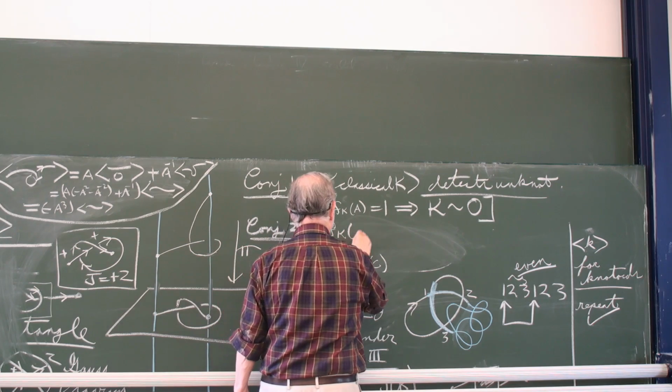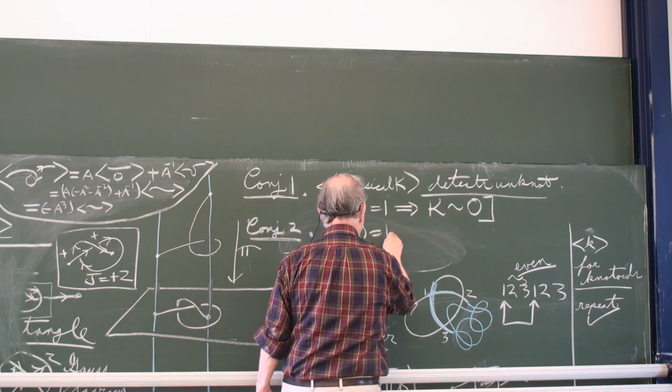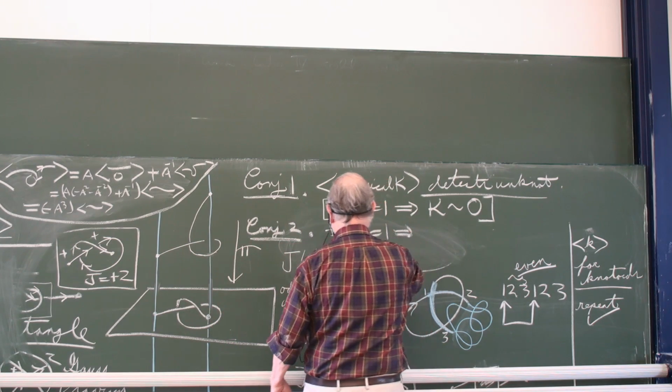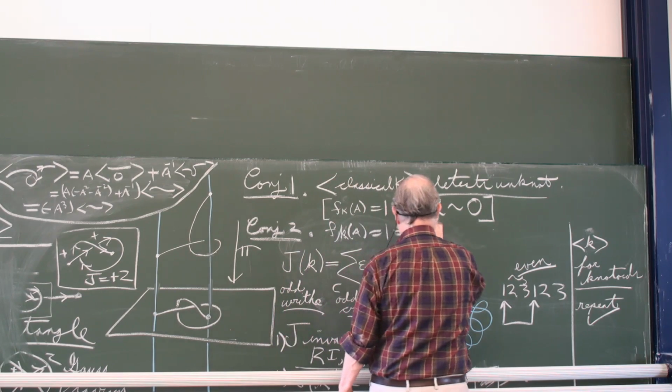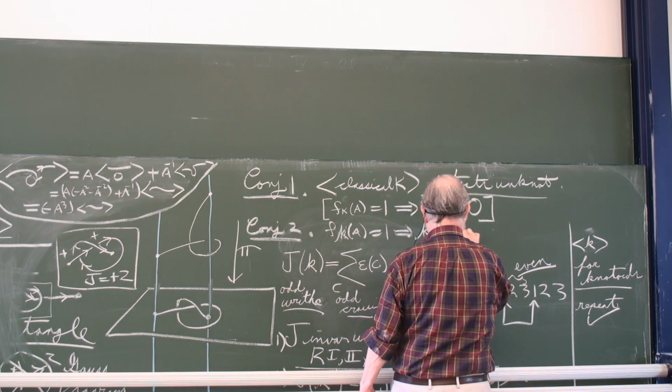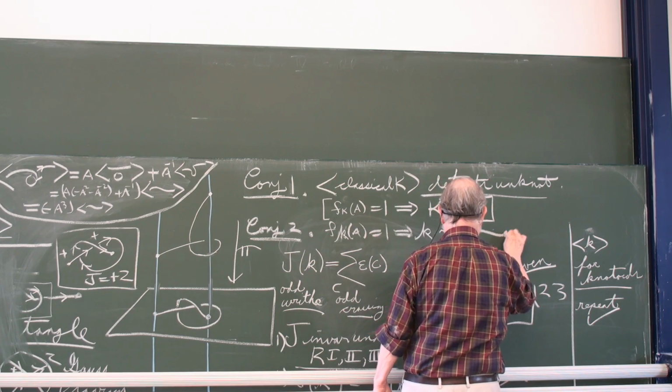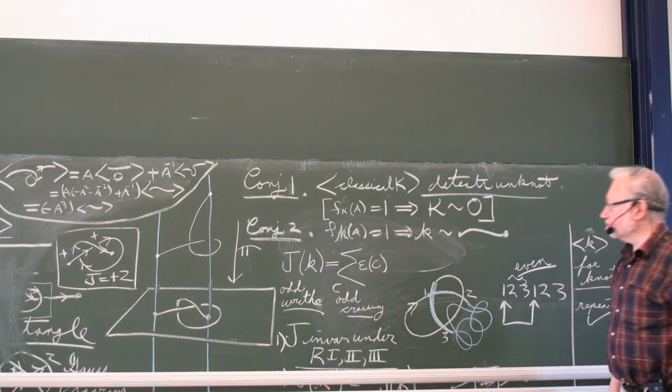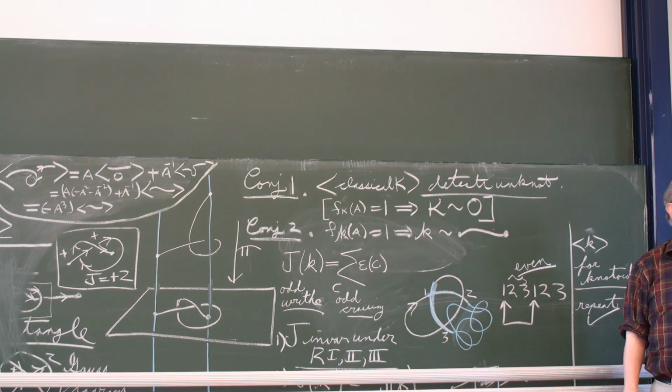F_K of A equals 1 implies that K is equivalent to the unknotoid. All right? I think they're equally hard.